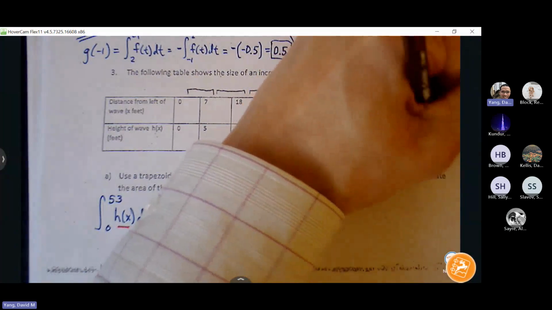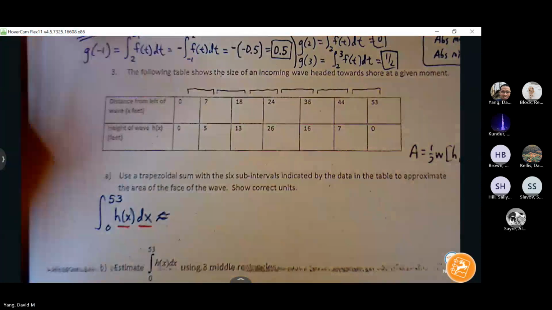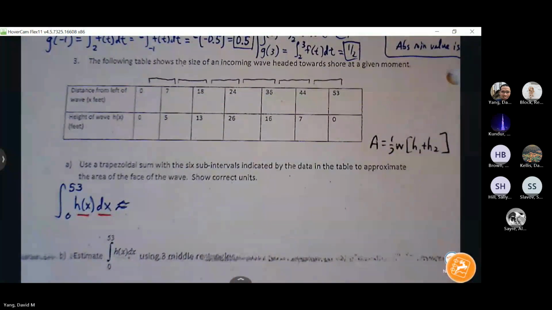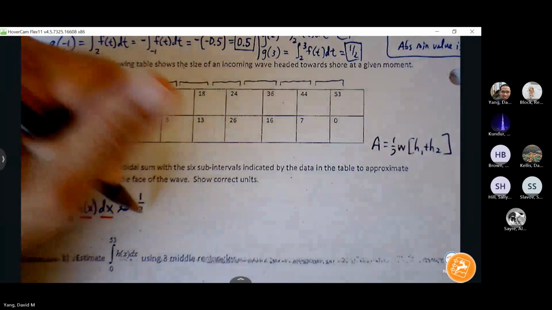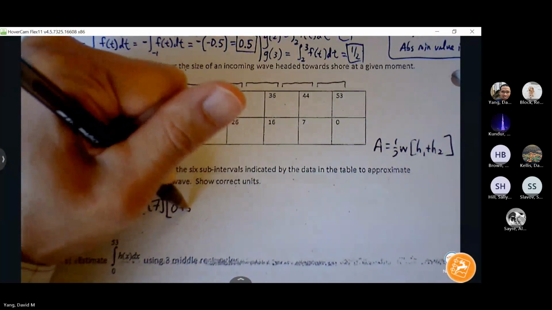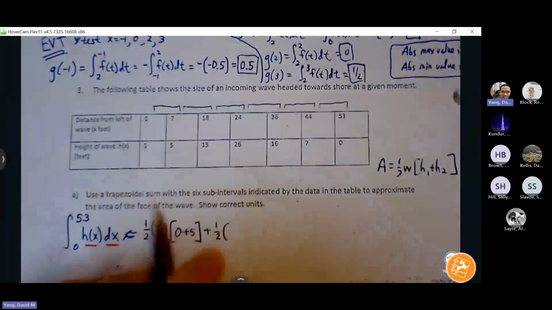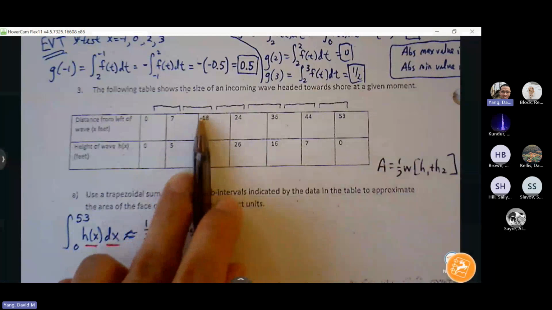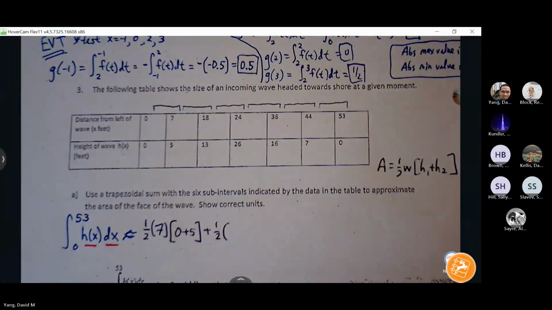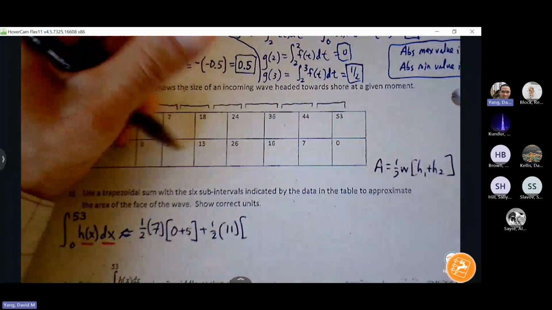Okay, so trapezoid, our area is 1/2 width, height 1 plus height 2. All the widths, we just subtract the x's here. And then add the heights.